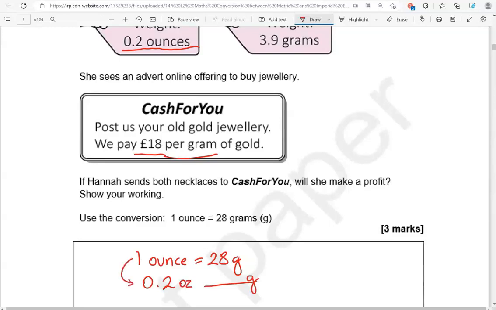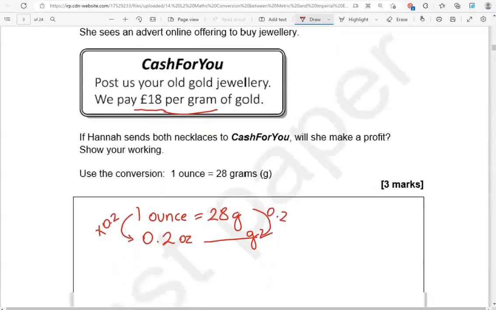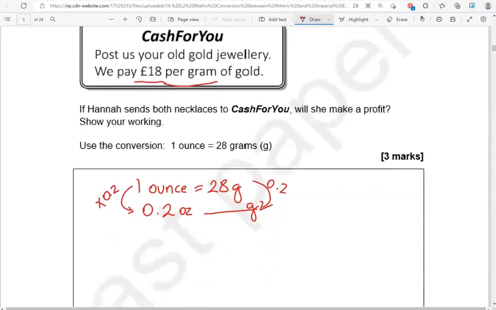To get from 1 to 0.2, we multiply by 0.2, so we need to do the same on the other side. Multiplying by 0.2 is the same as working out a fifth, so it's the same as dividing by 5. So what I can do is 28 divided by 5.